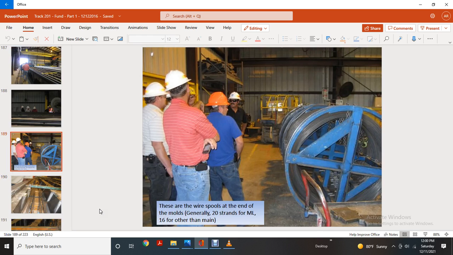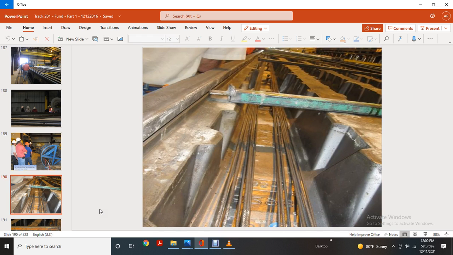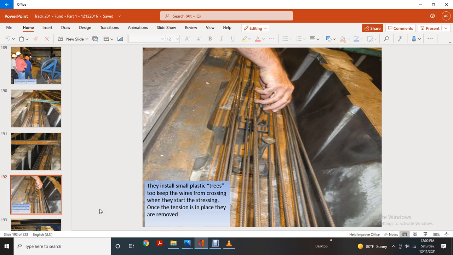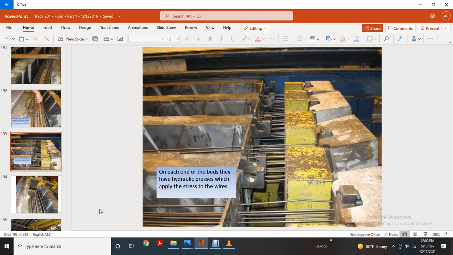Wire spools feed into the mold, generally 20 strands. They install small plastic trees to keep the wires from crossing when they start to stress, and once the tension is placed, they are removed. Once each bed is ready, hydraulic pressure is applied to stress the wires.